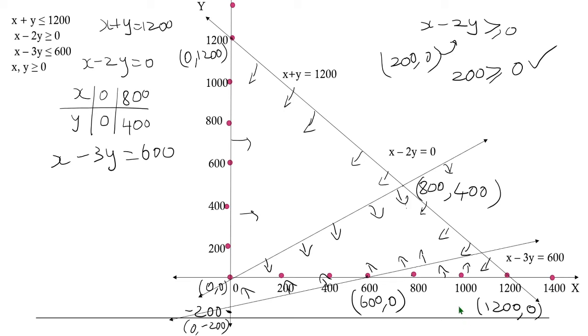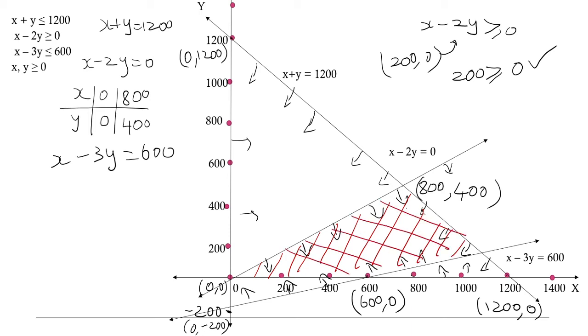So we have obtained the region that is common to all these inequalities. So this is the feasible region.